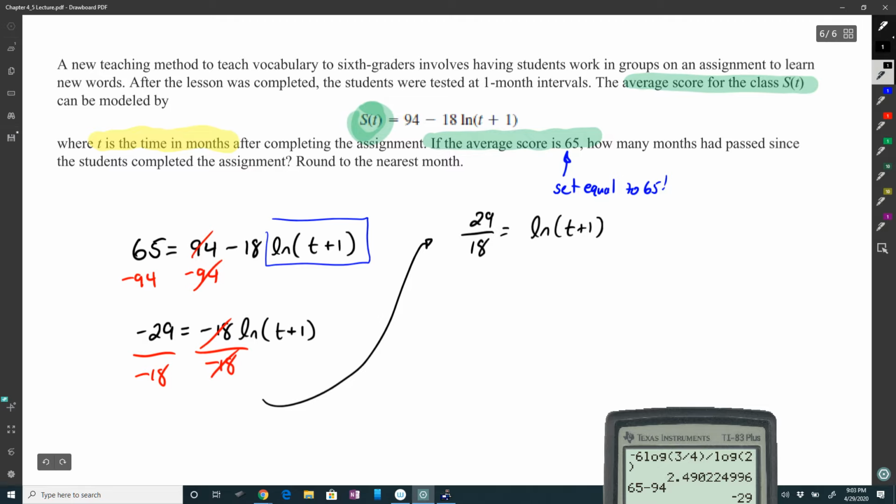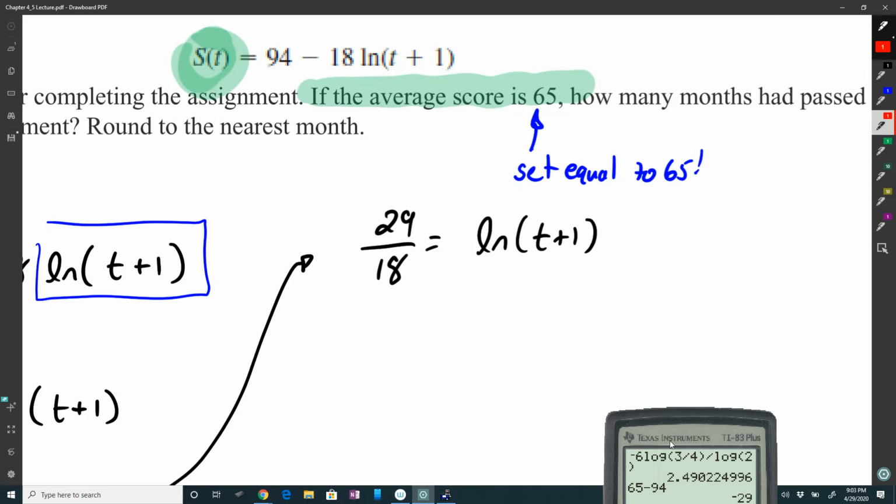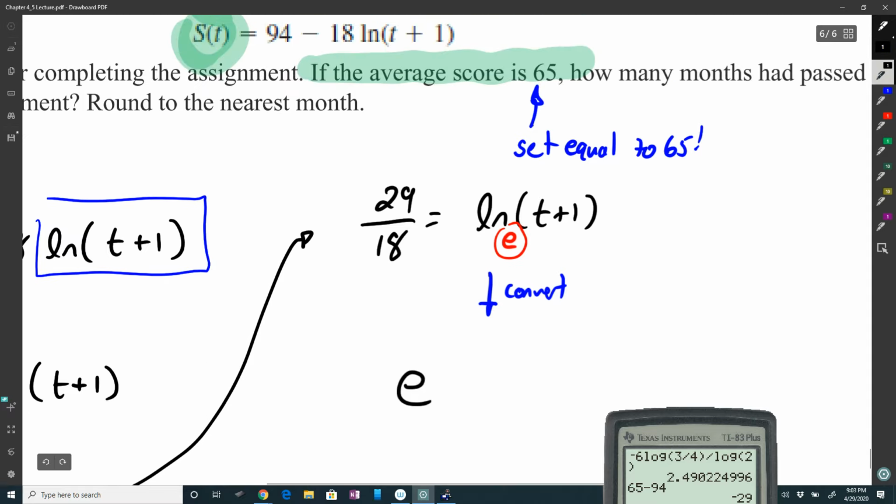Well, just like we did on the previous page, I solve this by converting. Remember, when you have ln, the base that's implied is e. So if I convert this, it's going to be e.